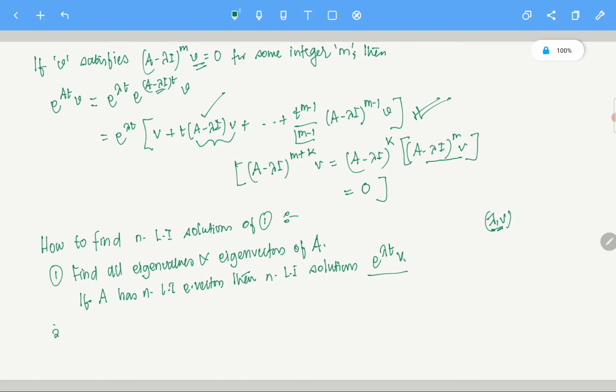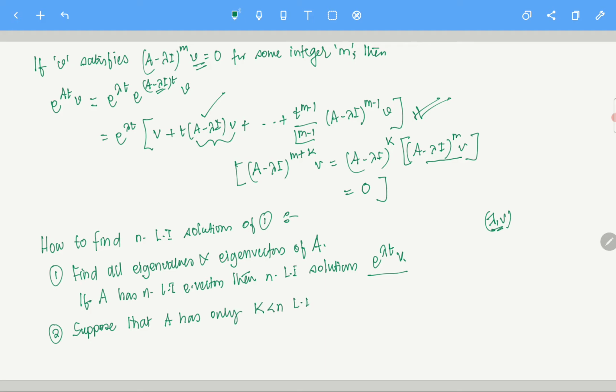Now suppose that A has only k linearly independent eigenvectors, where k is less than n.